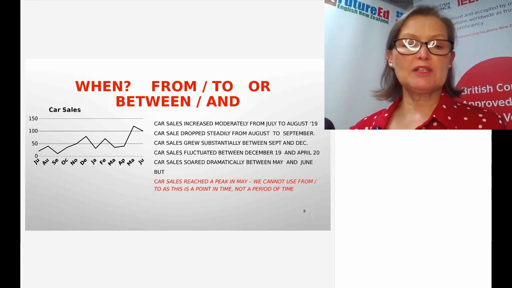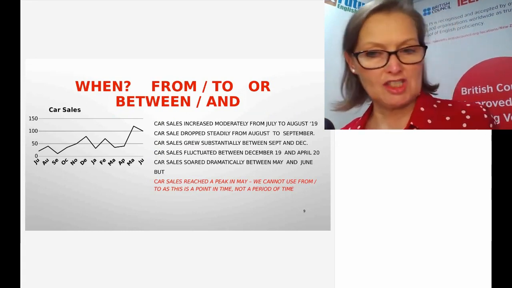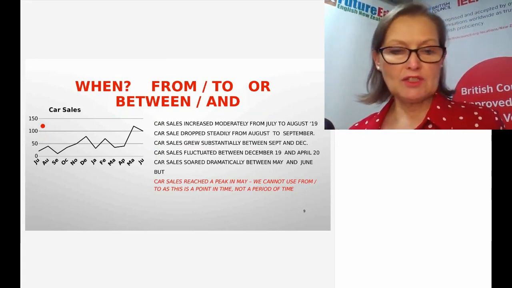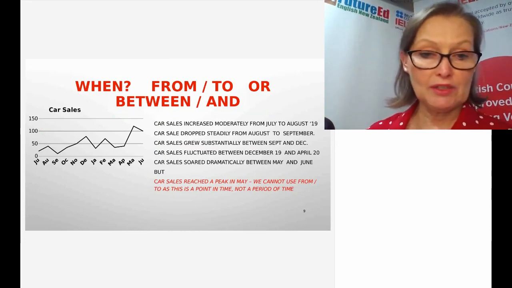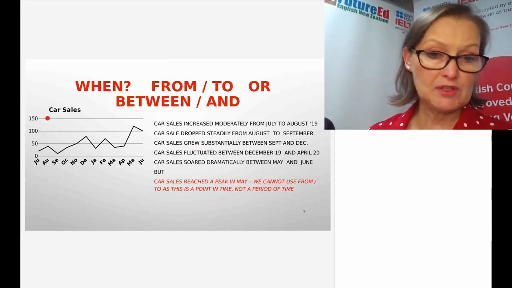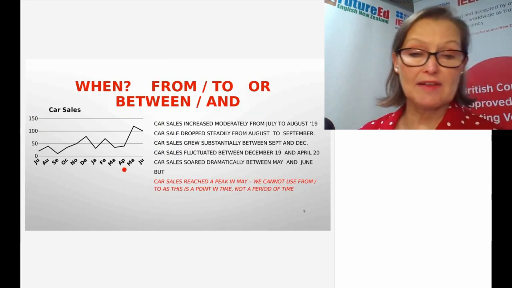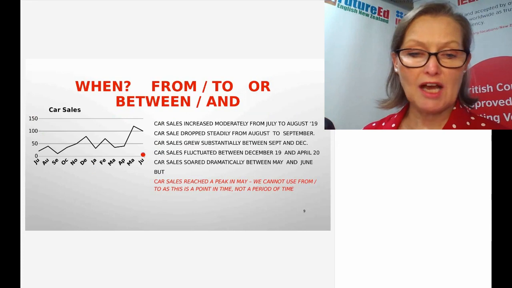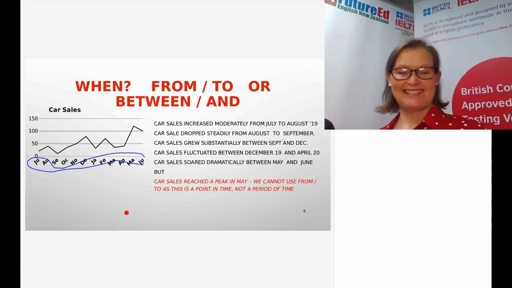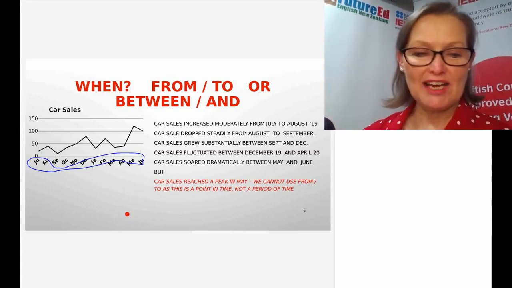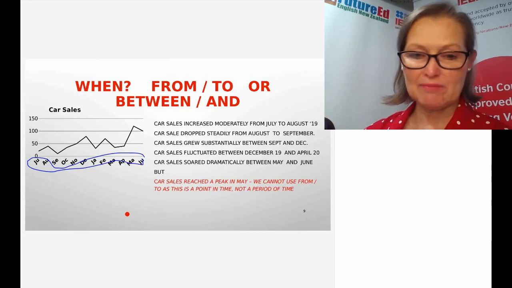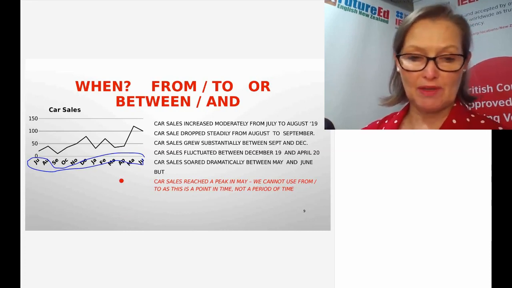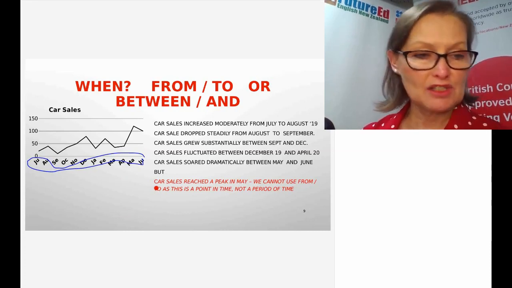Our next change is we're going to talk about when these changes happened. So not only do I have to mention my units, which we've just done, and those are on my vertical axis, now we're also going to be talking about our time. And this, once again, we're going to pick up from my horizontal axis. So there's my time, July, August, September, okay? And remember that this was to 2019 and then moved into 2020.